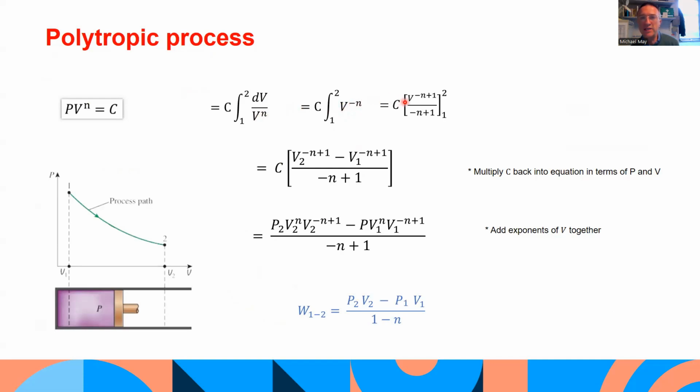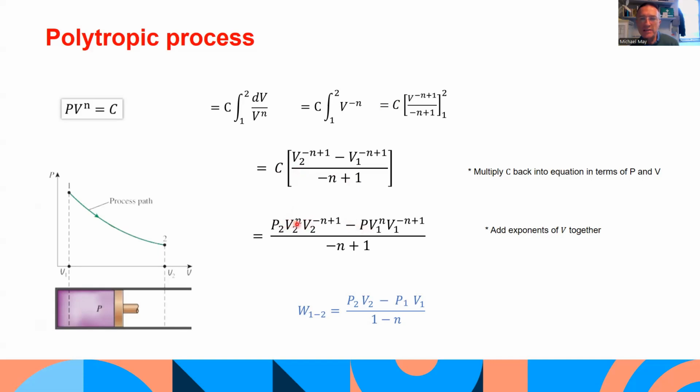If we integrate that, it's V to the power of minus n plus 1, over minus n plus 1. Now we integrate it between states 1 and 2, and this is what we get. We multiply C back in terms of P and V, so we've got P2 V2 here and P1 V1 here.